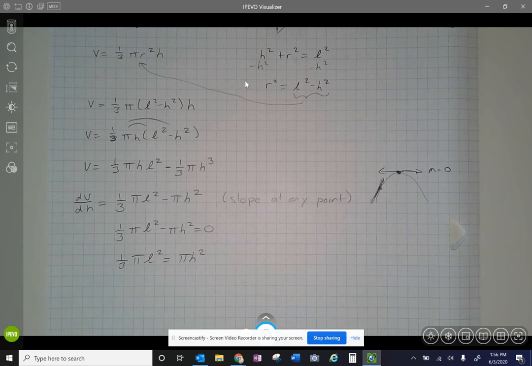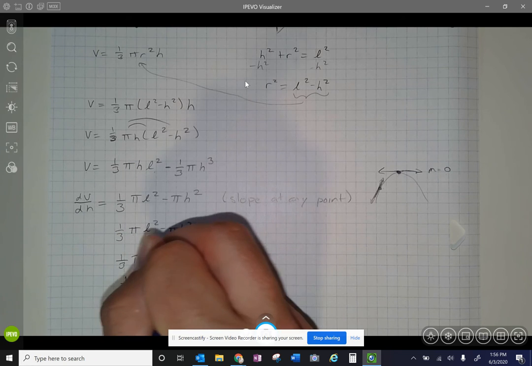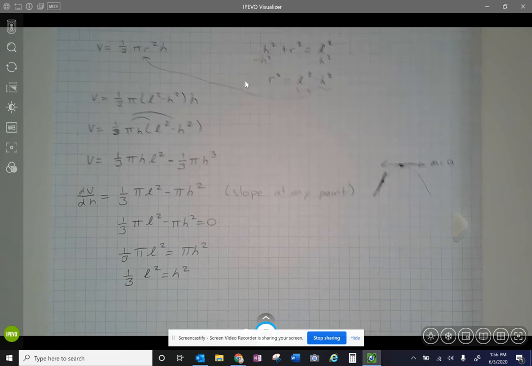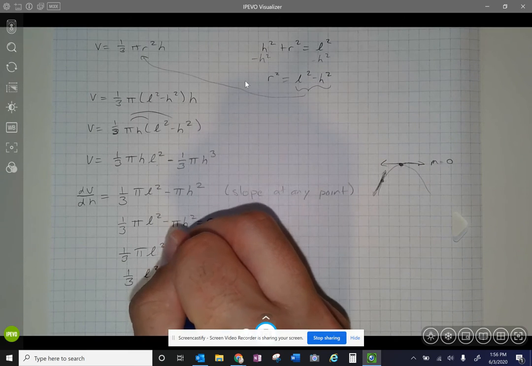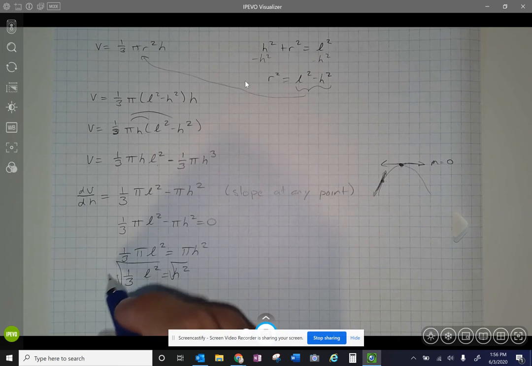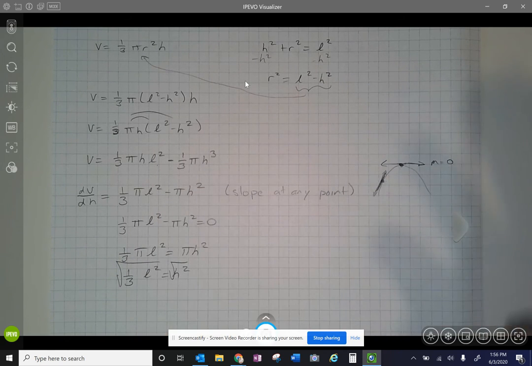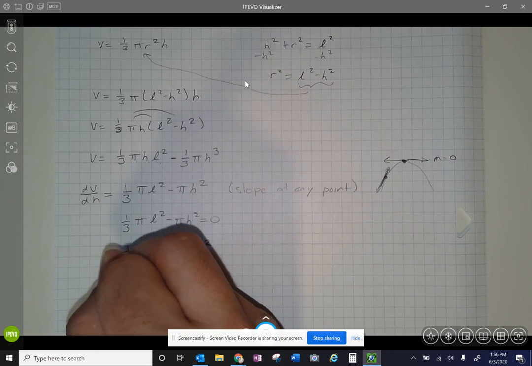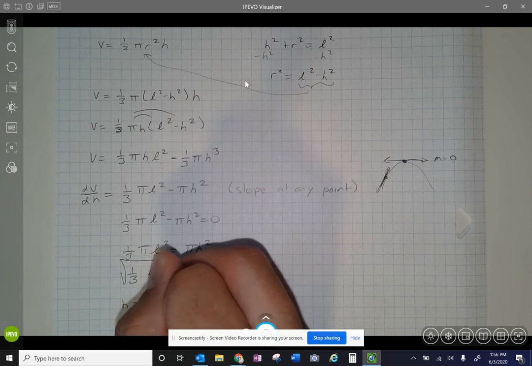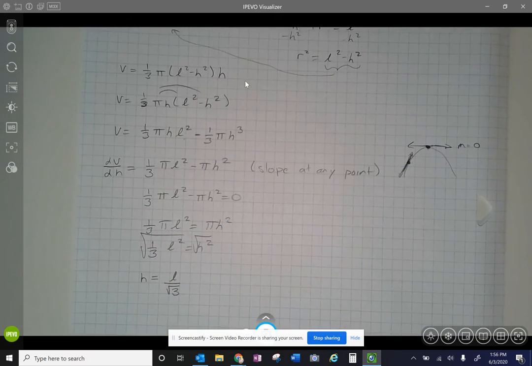Next step, I'm going to divide by pi on both sides. Next step, I'm going to take the square root of both sides. Normally here I would take the positive and negative case, but since we're dealing with height, I know it has to be positive. So H equals L over the square root of 3.